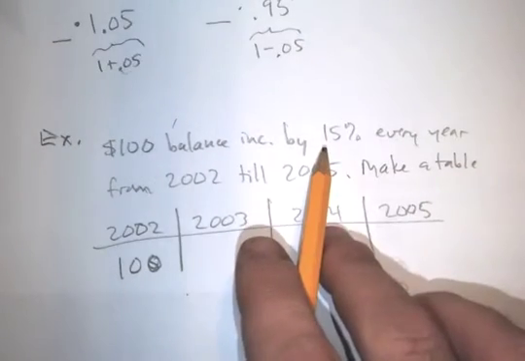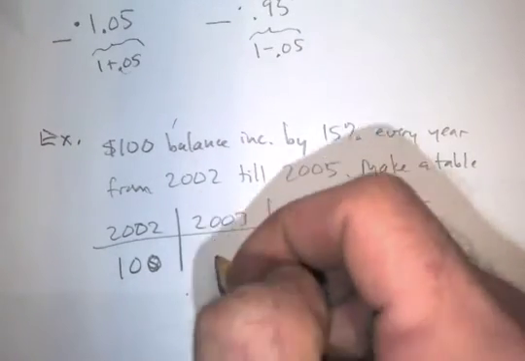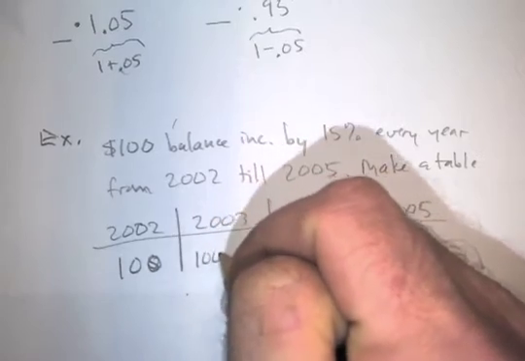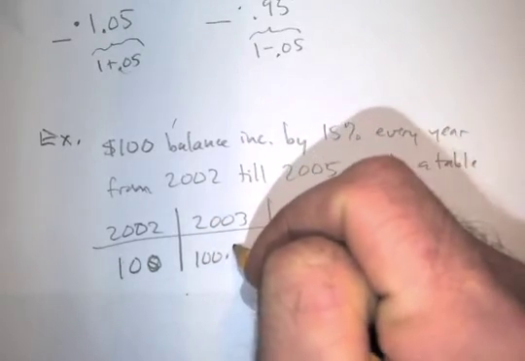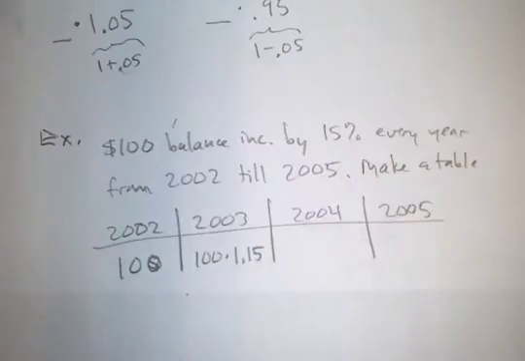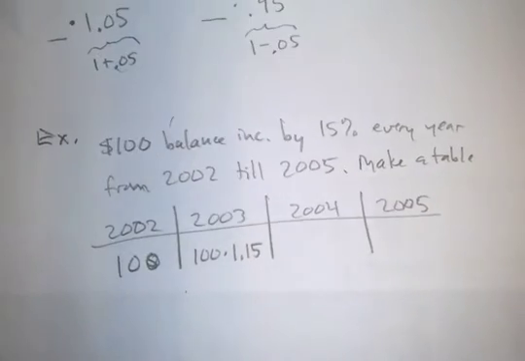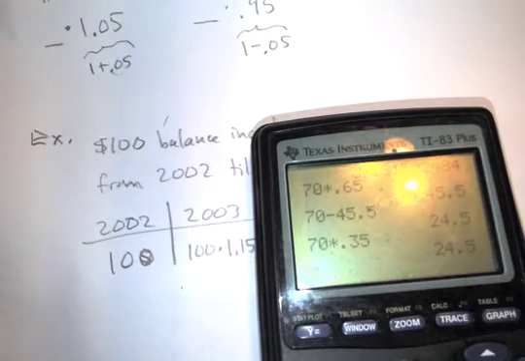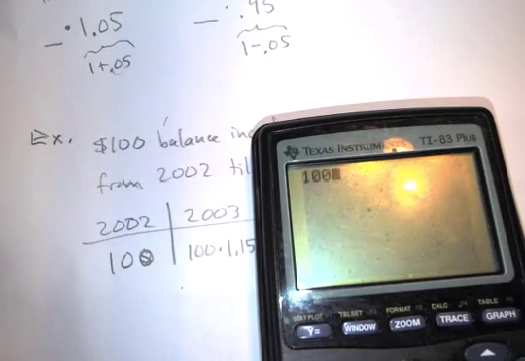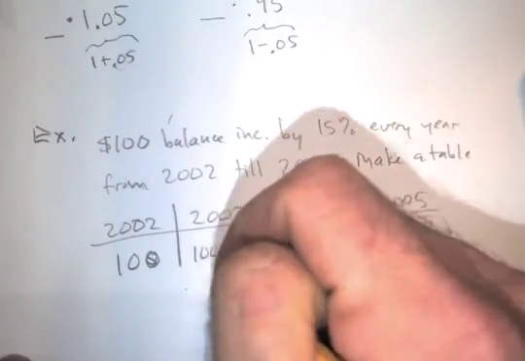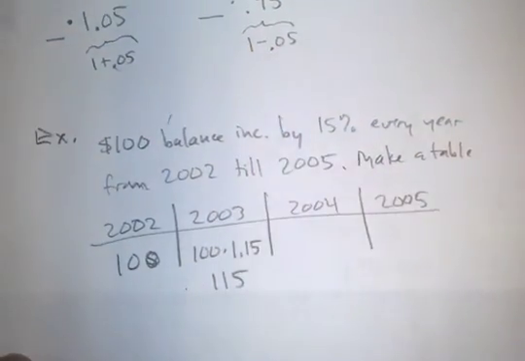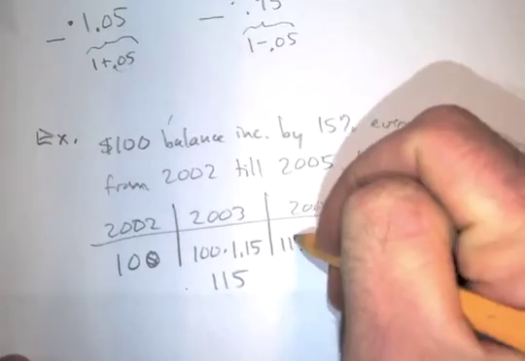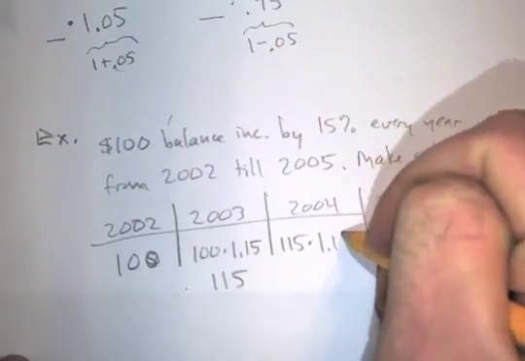How do I get increase 15%? Well, I'm going to do 100 times 1.15. Remember we did 1 plus the 15%, so you can just use a calculator on these. 100 times 1.15, 115 obviously. For the next year, I'm going to take that 115 and times that by 1.15.